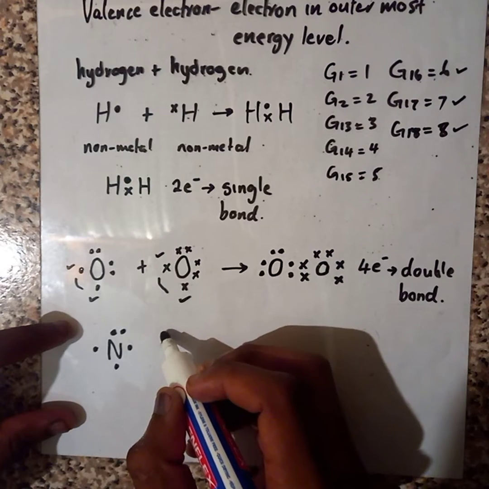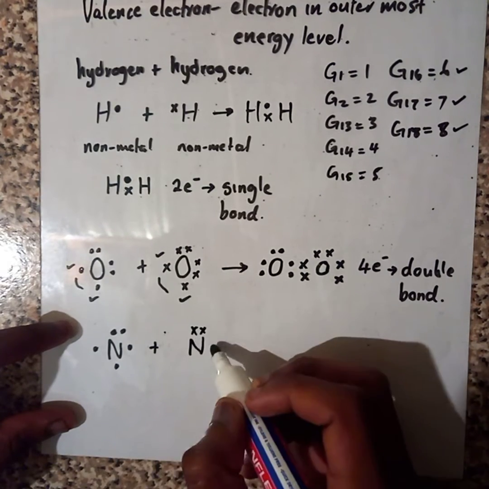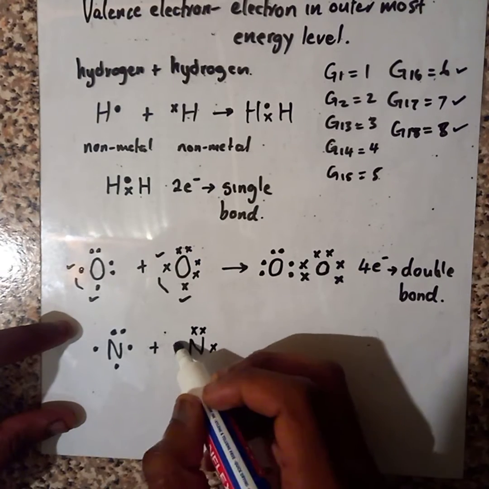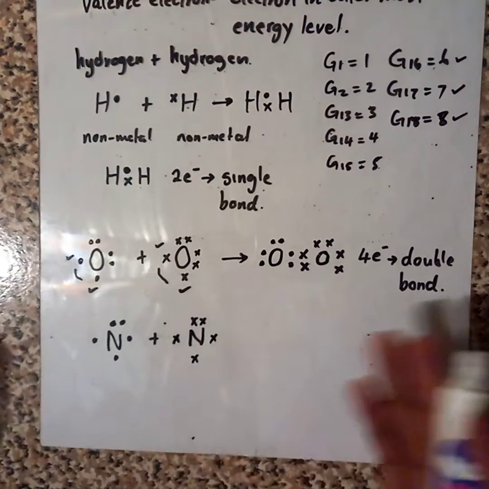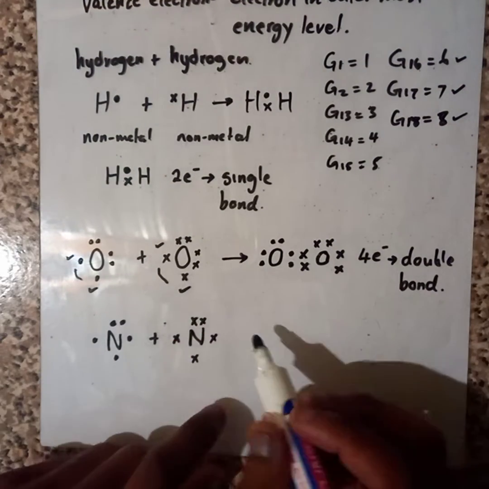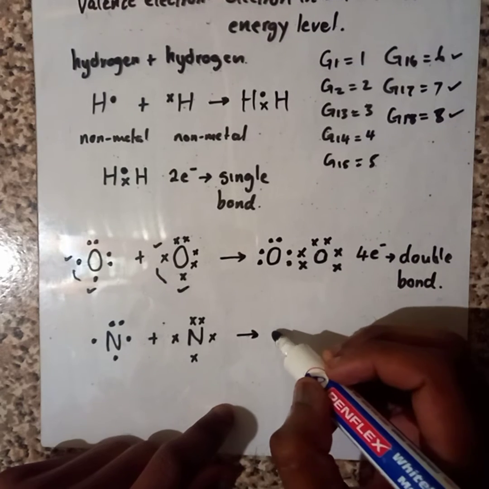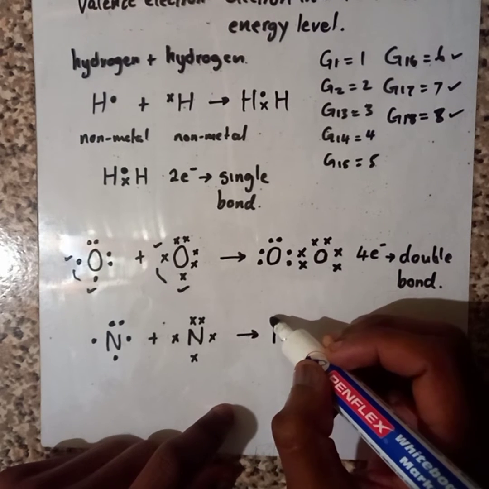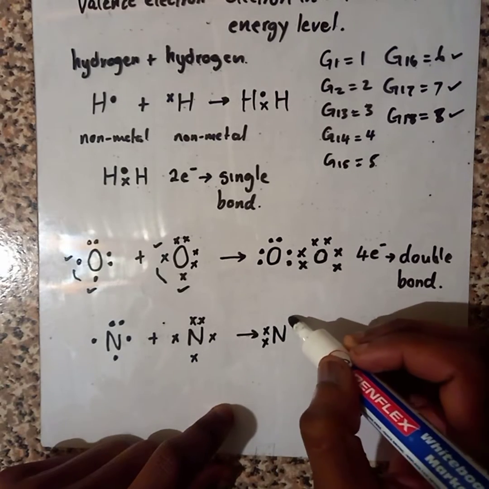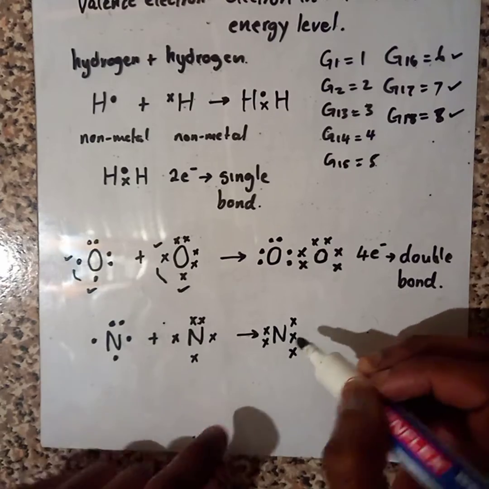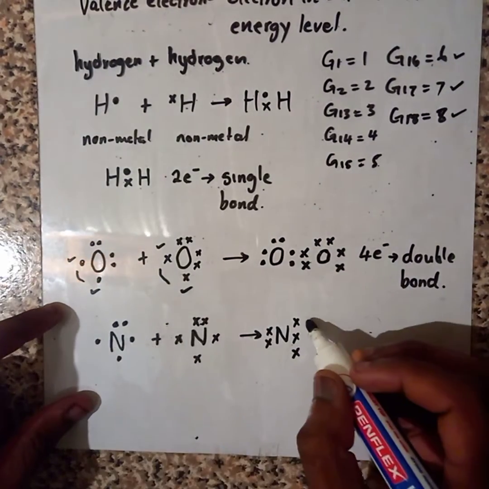Then let me take another one, plus another one. It's going to be like this. How many unpaired? 1, 2, 3. Then they will eventually share, which now is going to look like this. Let me put these 2 here. Then these 3, 1, 2, 3, will pair with this one, 1, 2, 3.